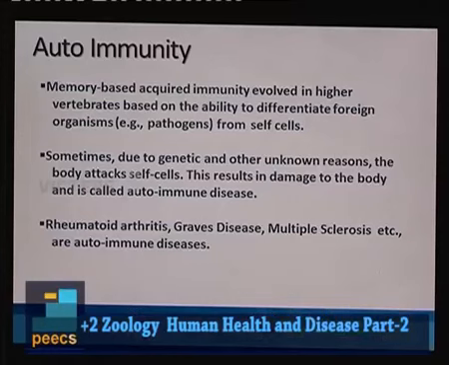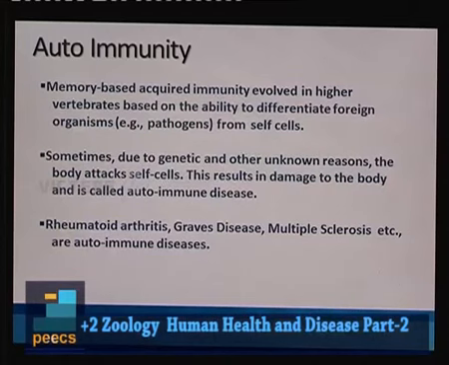Another disorder of the immune system is autoimmunity. This is a condition happening when our immune system is turning against our own cells. You know, our immune system has got a capability. It is able to distinguish between self and non-self.